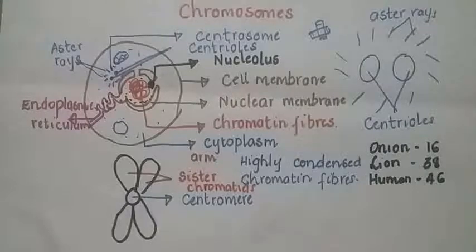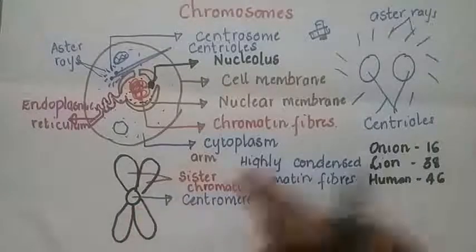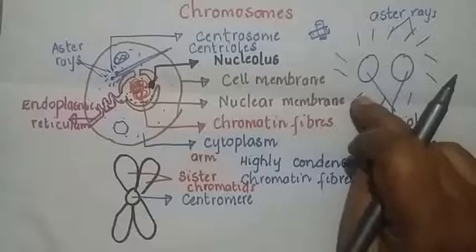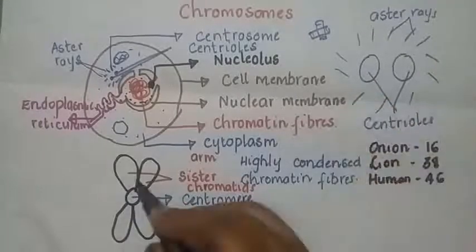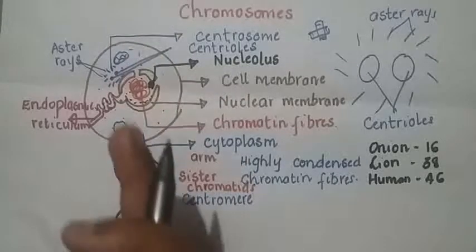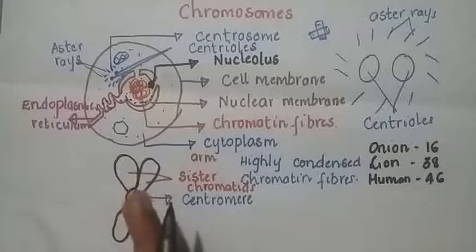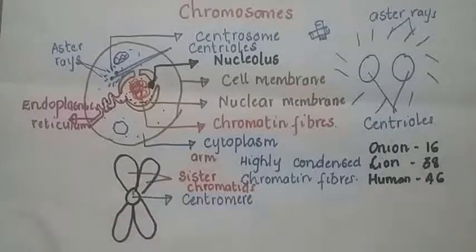Fine. Now, what is the function of centromere? In fact, this centromere is attached to the spindle fibers which are produced from the aster rays, and the centromere will split up and these sister chromatids are pulled apart.